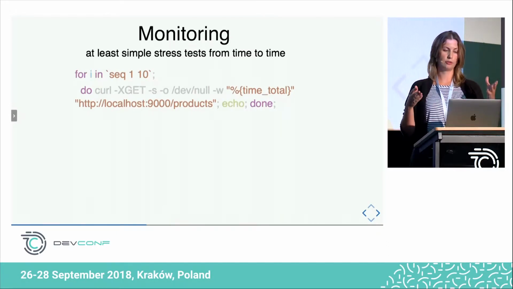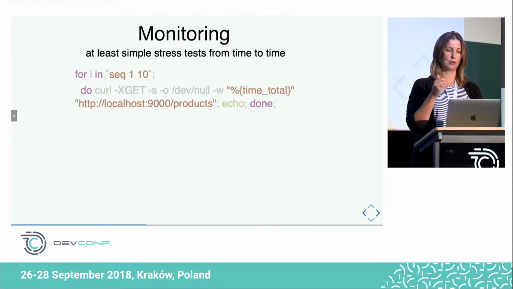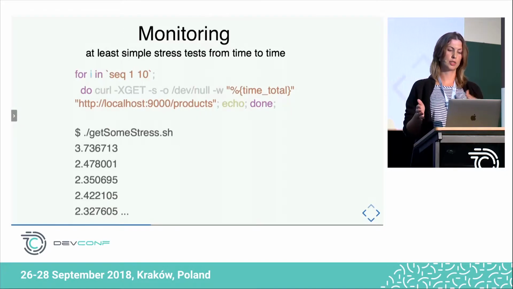So for example, here you have the loop that queries products 10 times on your localhost server. And here is the sample of the report. So you grab those numbers, then you introduce the change, you run it again, and you check if those numbers are better, worse, the same.